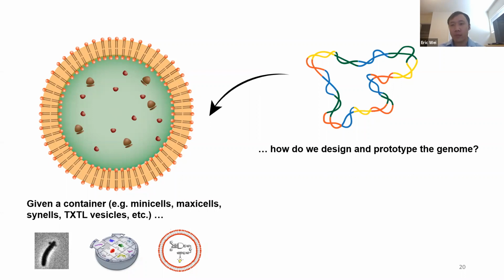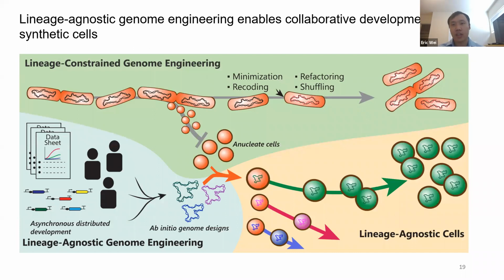If you have a more complicated system that's derived from E. coli or a full living system, you could have some sort of unintended interactions with whatever fully synthetic genome you have. But I think the lineage-agnostic portion is particularly for genome design, and specifically for ab initio and asynchronous distributed development of genomes. I think we can definitely do that using minicells or other containers.